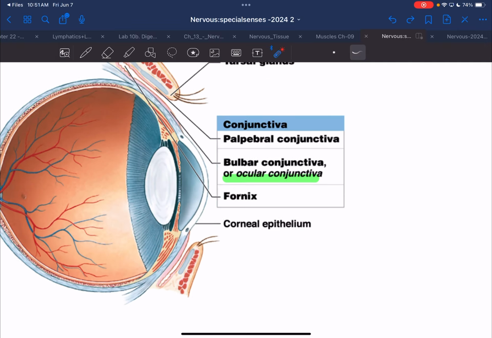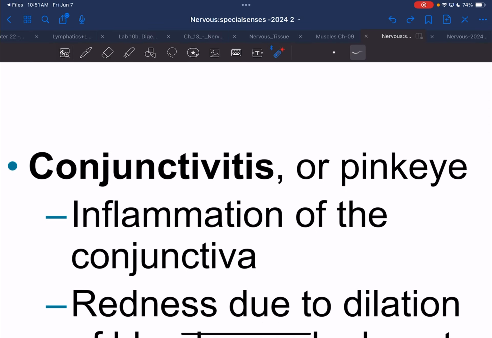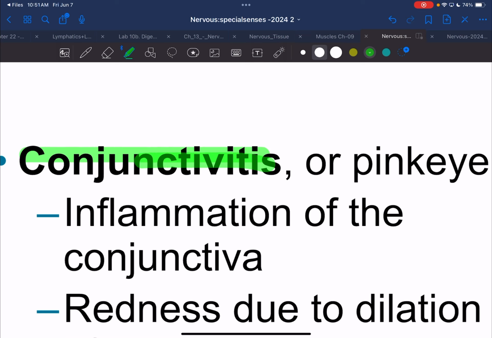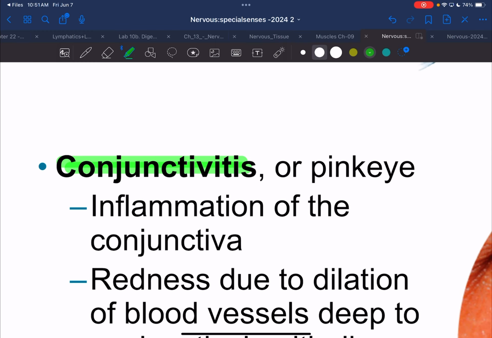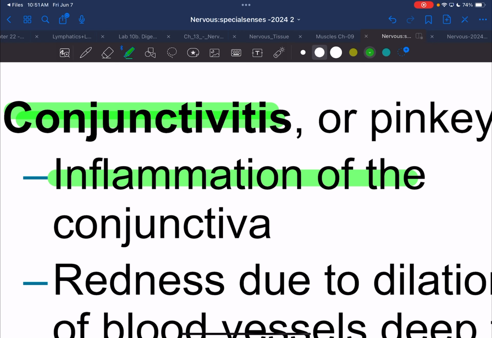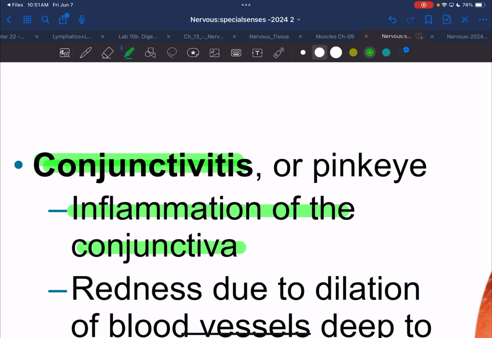This is the site where you can develop pink eye. What pink eye actually is, I always have trouble saying this word, conjunctivitis. Pink eye is inflammation of the conjunctiva. The epithelium there gets infected. We'll just keep it simple.